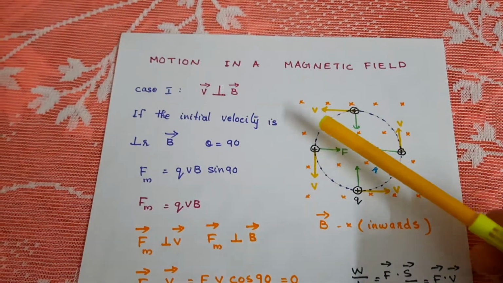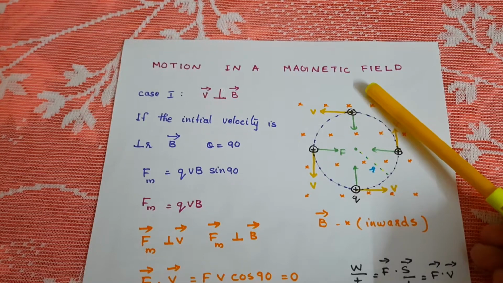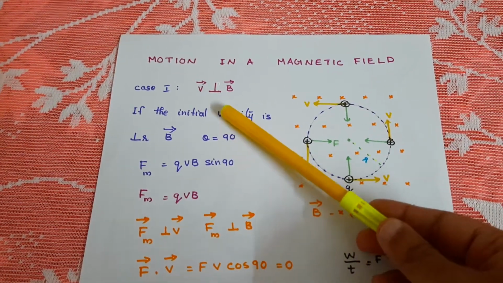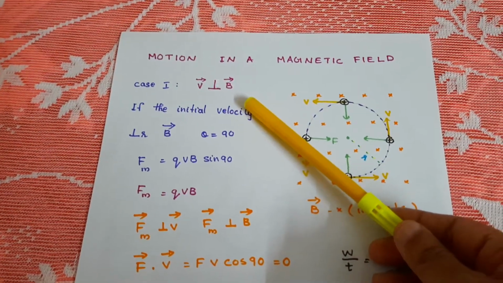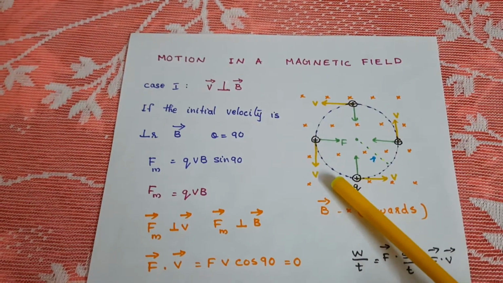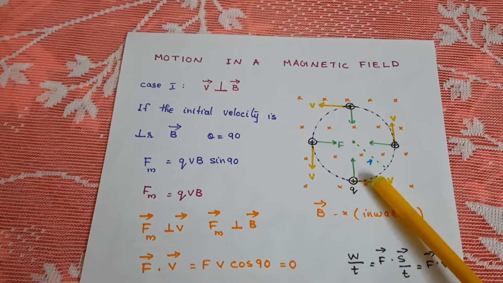Now let us see the motion of a charged particle in a magnetic field. Let us consider the first case in which the velocity is perpendicular to the magnetic field. The charged particle enters normal to the magnetic field.